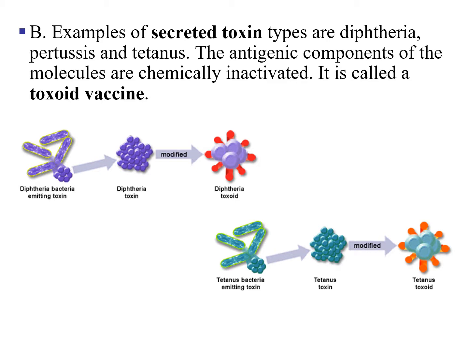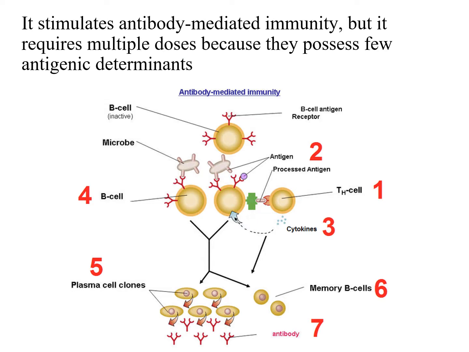So I have two pictures of the diphtheria toxin and the tetanus toxin, and it is going to be chemically inactivated, chemically modified. This is going to be the toxoid vaccine. This toxoid vaccine stimulates antibody-mediated immunity, but it requires multiple doses because they possess few antigenic determinants.